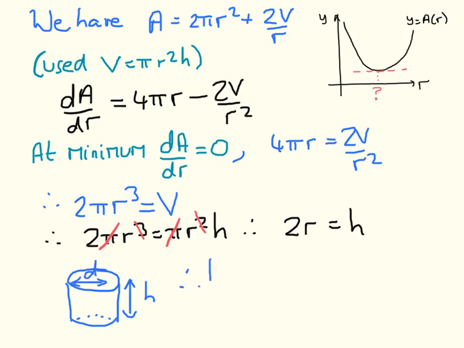So h is equal to d. And that is the shape of our cylinder. And if you look online, you will find photographs of the standard kilogram, and you will see that they are cylinders whose height is equal to its diameter, and that's been chosen because that is the shape of a cylinder that minimizes its area for a fixed volume.